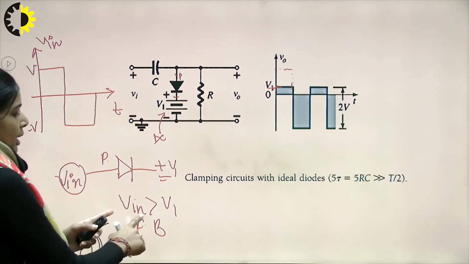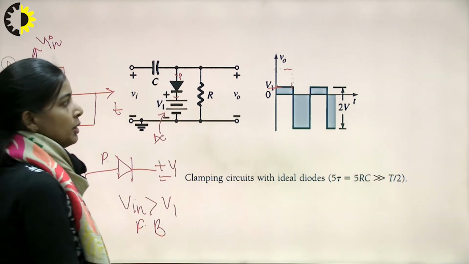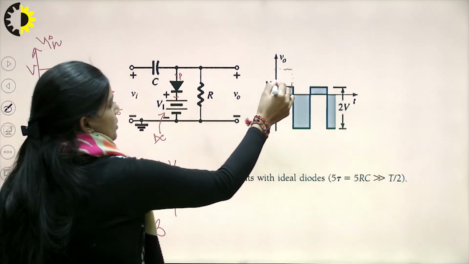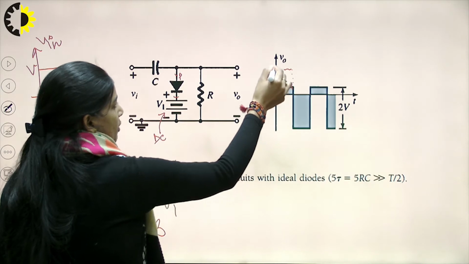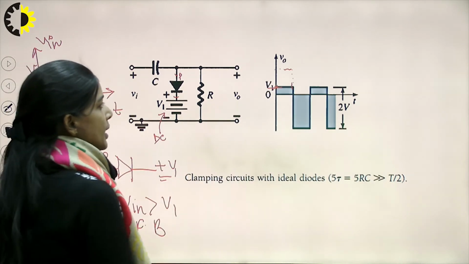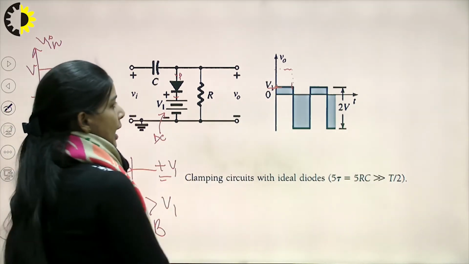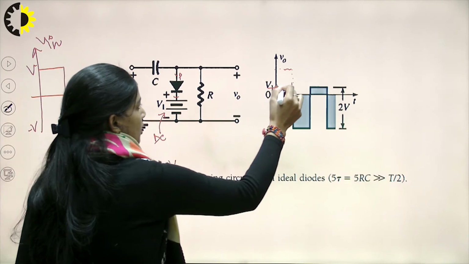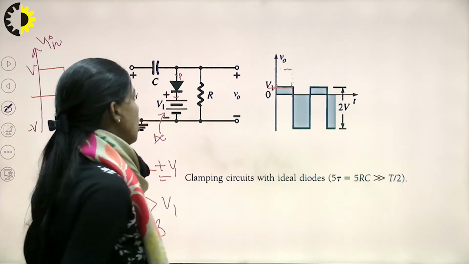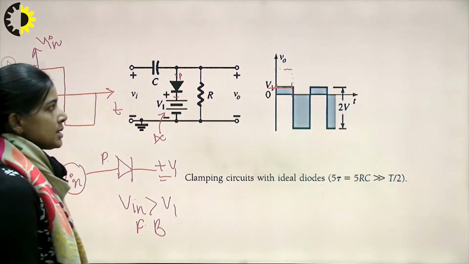So, whenever V in becomes greater than V1, the diode becomes forward biased. As soon as V in rises above the V1 level, the diode is forward biased and we do not get any output beyond this point. And so, for the positive cycle, we get a voltage of V1, that is the DC voltage that is connected here.